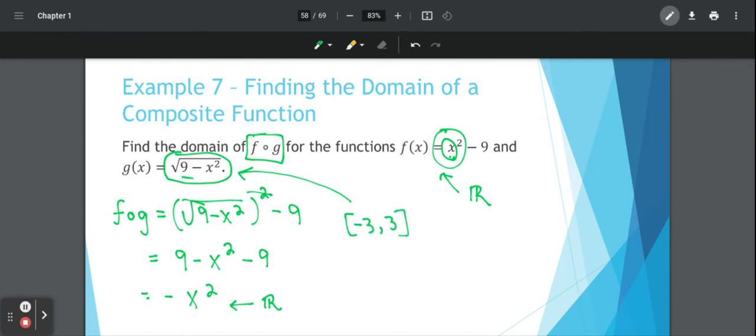Because we have that 9 minus x squared. And if we solve for when 9 minus x squared is 0, we would get x equals plus or minus 3. So those are those endpoints. So if we were finding the domain of the composite, we would have to use the negative 3 to 3, since that would work for all the functions that make up that composite function.